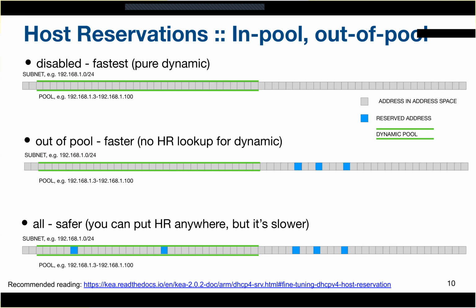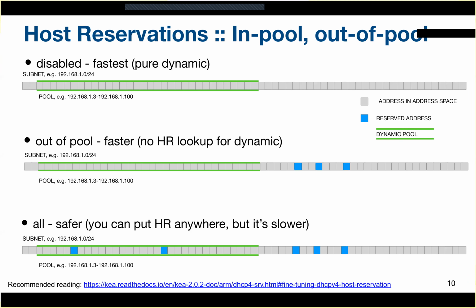And finally, the last, which is the safest and the default, and sadly the worst performing approach, is that Kea will not make any assumptions. Kea will assume that you can reserve anything anywhere. This gives people a good experience out of the box because you can just throw a reservation there and it will work.